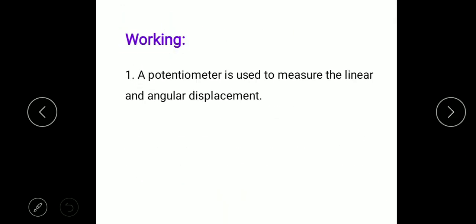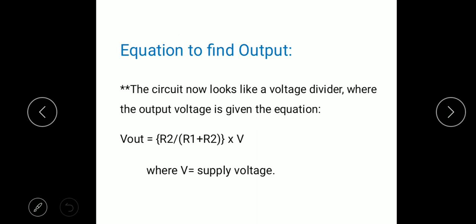This is the formula: V out is equal to R2 upon R1 plus R2, into V. By that formula we can also find out the output voltage. It is the analytical method, through which you can find the output voltage, and because of the proper arrangement in the circuit we will get the changes in displacement. So this is all about the working of the linear potentiometer.